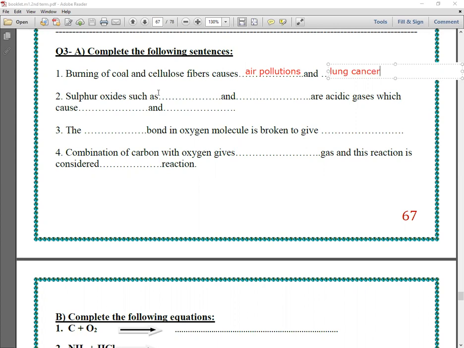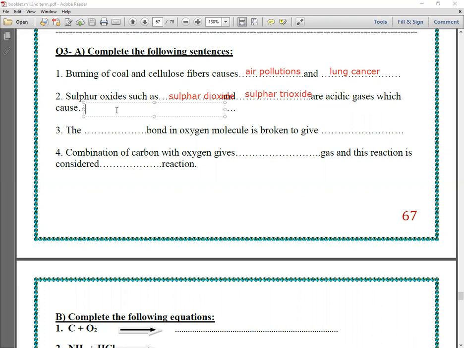Sulfur oxides such as what and what? Sulfur oxides such as sulfur dioxide or sulfur trioxide are acidic gases which cause what and what?